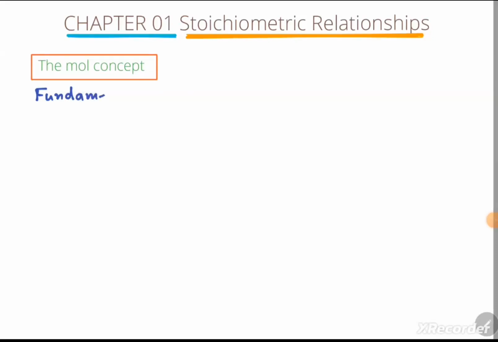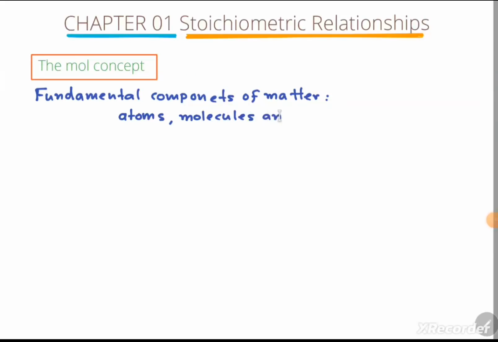Fundamental components of matter are atoms, molecules, and ions. First, we study atoms.